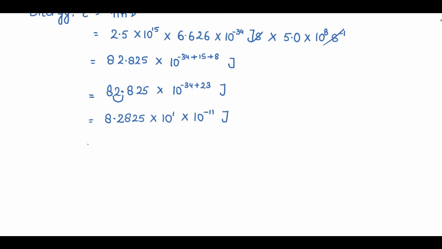So these two powers again are in multiplication. So you can simply add them. So 8.2825 into 10 raised to power 1 minus 11, right? 1 minus 11, it will be 10 raised to power minus 10. So energy of the source will be 8.2825 into 10 raised to power minus 10 joule.